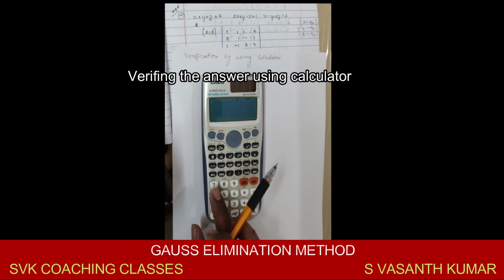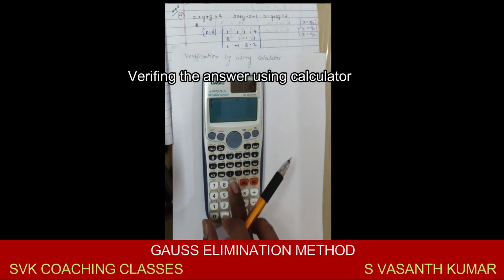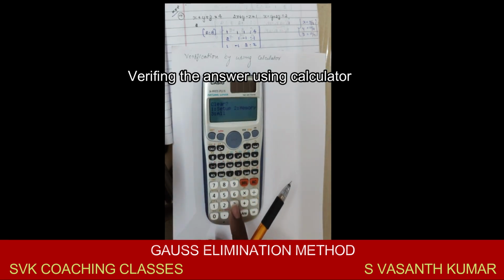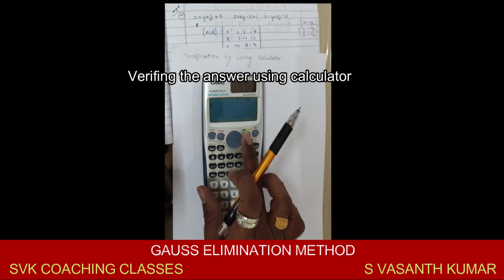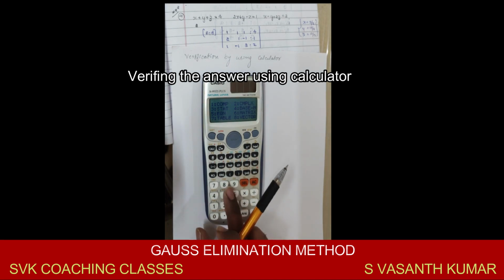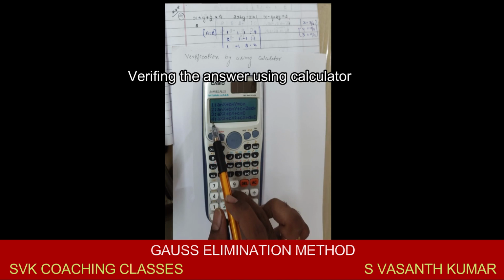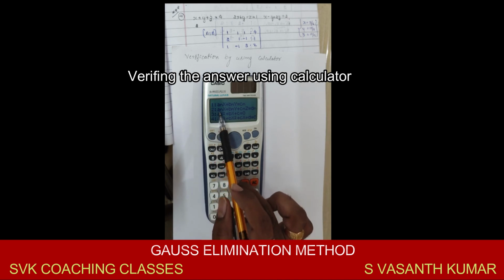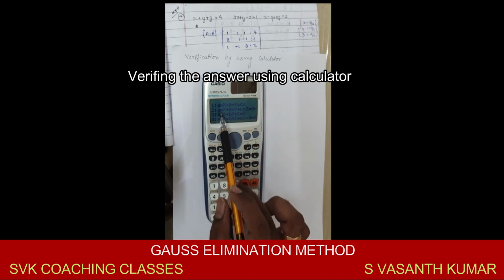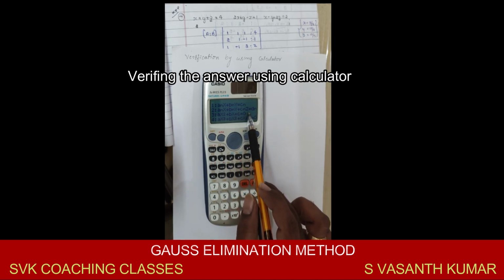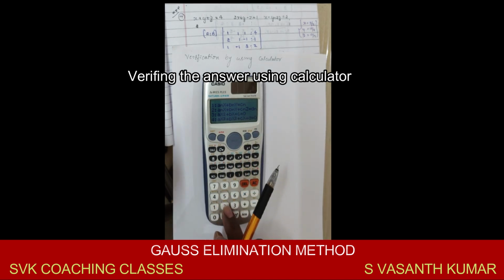Always clear the memory: press shift 9, clear all. So resetting all. Then go to equation mode, take equation 5. Then 3 unknowns should be given. Out of the 4 options, we have the second option, 3 unknown equation: AnX plus BnY plus CnZ equal to Dn. Consider that equation.